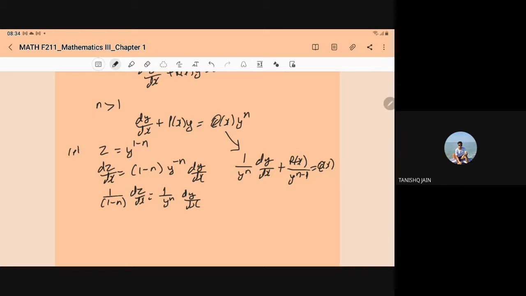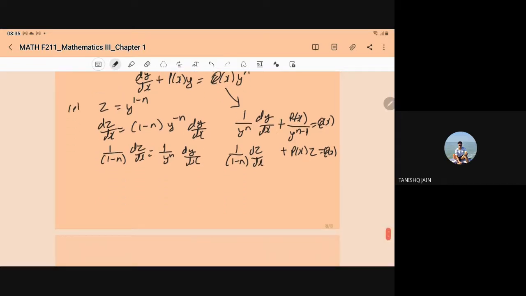What we have assumed is z equal to y to power 1 minus n. So this can be written as p(x) z, is equal to q(x), and 1 upon y to power n dy by dx can be written as 1 upon 1 minus n dz by dx.